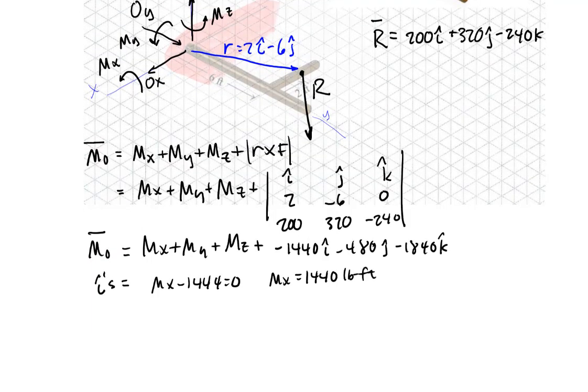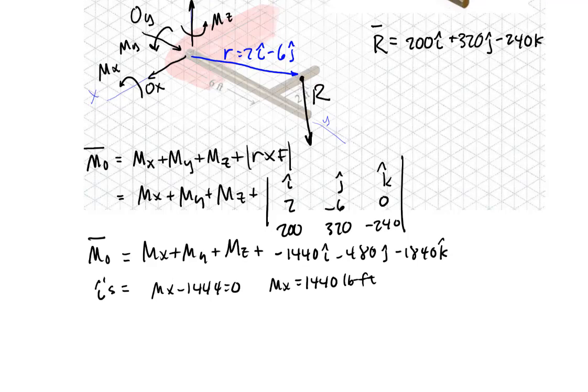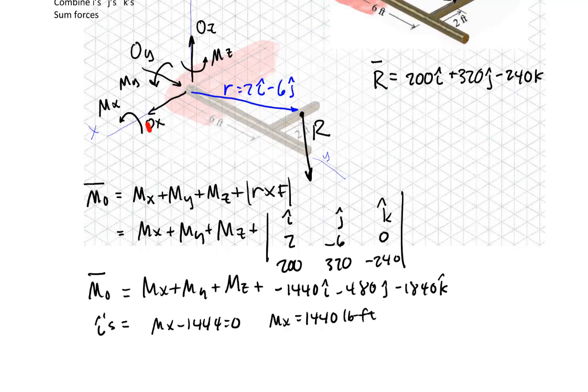Now, here's an important thing to understand. What I've drawn here is the reactions. What I've calculated here is the moment. When I ask the question, what's the moment about O, it is a different question than what's the reaction about O. It's basically the inverse.